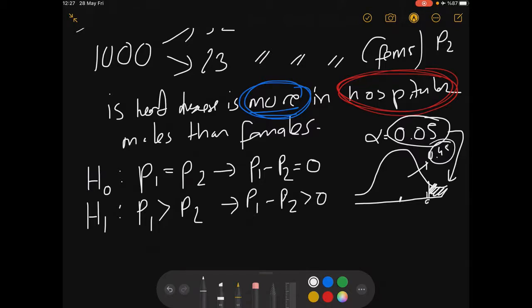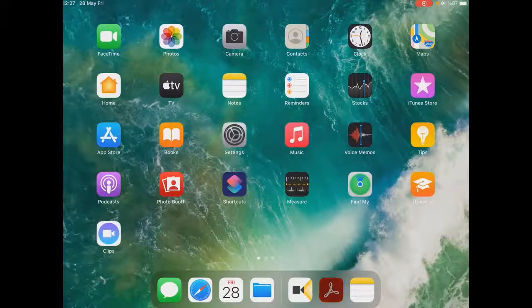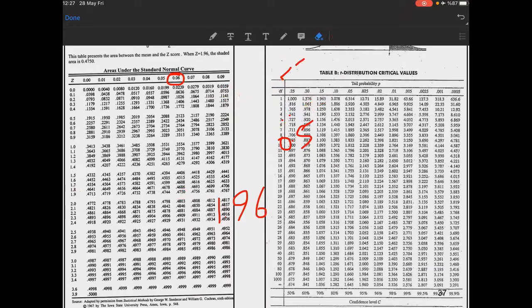And what is this critical value here? 0.45. Let's go back to our lovely table. Where is 0.45? Oh, you're hiding here between them, right?